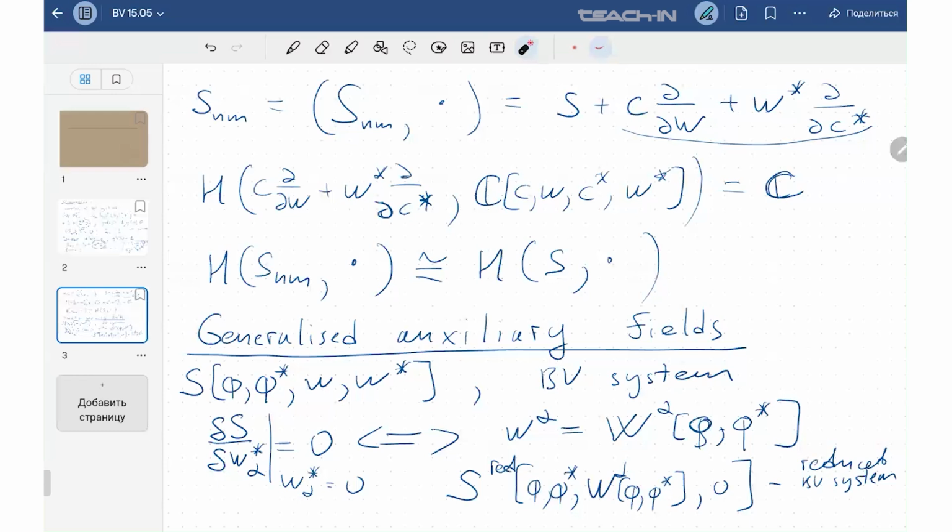We still have an anti-bracket in the sector of phi and phi star. So we have phi and we have phi star. They are canonically conjugated. Let's say for phi i and phi star j, we get delta ij, because implicitly we are working with field theory.